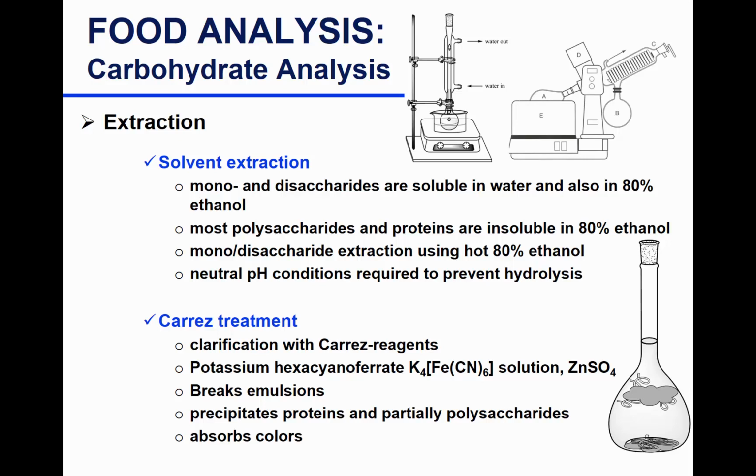If you have any residual fat and you have protein and you have aqueous solution, you might form an emulsion, but it breaks it, and it precipitates proteins and polysaccharides, and it also absorbs colors. What remains in solution are your mono and disaccharides. So this is another way to clarify, but the solvent extraction is more common than the Carrez treatment. It's mostly used.